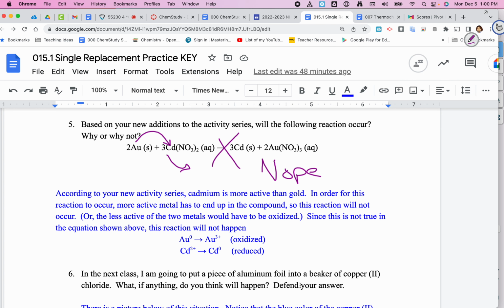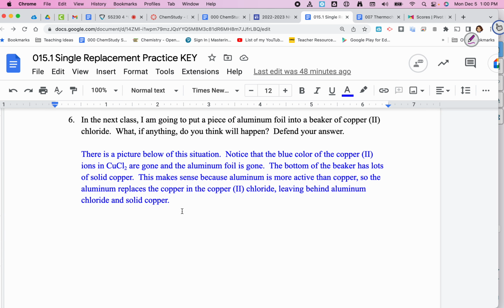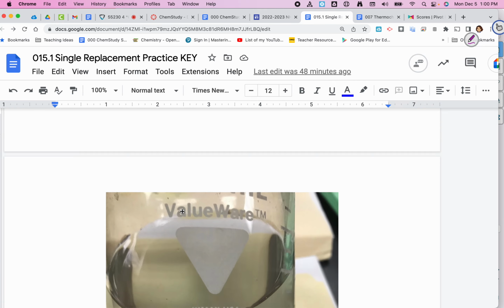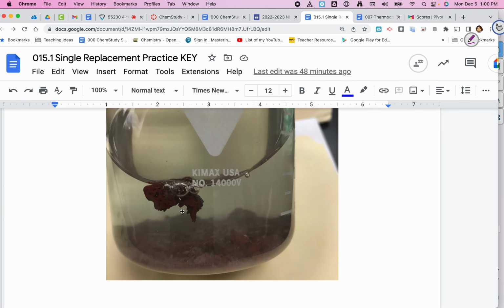And lastly, we were to make a prediction about what would happen if we threw some aluminum into some copper 2 chloride. And here's our picture. To save us some time, I just did this back at the office and took a picture. So hopefully you predicted that we would be able to form copper solid and that the aluminum would turn into ions.